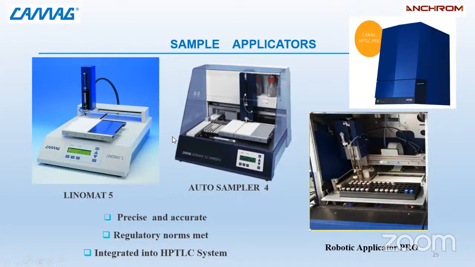Whereas all these steps, that is syringe rinsing, application, mounting, syringe is fixed on the instrument, all these steps are automatic, so that you can put your samples in the vials on this tray. You can put your plate on this stage, and you can give a command to the instrument, and you can go plan some other work. Once sample application is finished, it will give you a message that sample application is done successfully, and then you can go for the development.